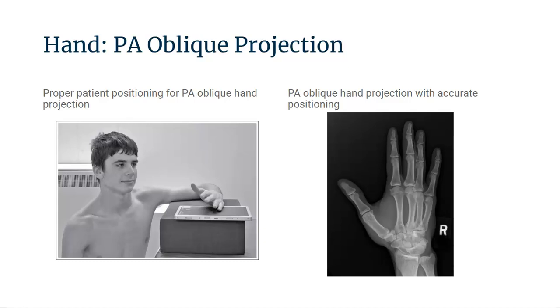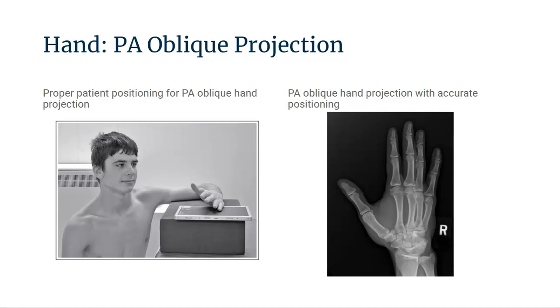The 3rd through 5th metacarpal heads are slightly superimposed, and only a space is present between the 4th and 5th metacarpal midshafts. There is no soft tissue overlap from the adjacent fingers. The thumb should be in close proximity to the hand. The IP and MCP joints should be demonstrated as open.